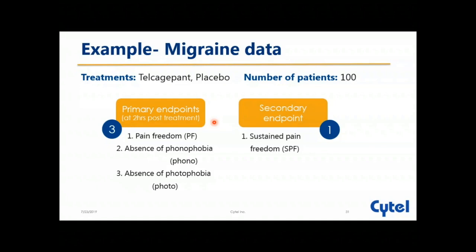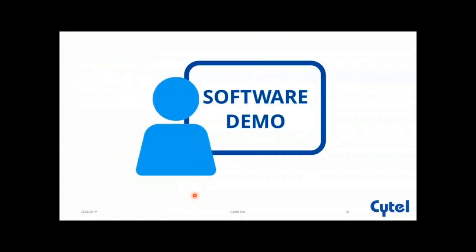The primary endpoints are measured 2 hours after the treatment is administered, and the secondary endpoint is for the sustained pain relief. So it is also important, but first we need to look for the primary endpoints. Let us see how we can do that using StatExact.